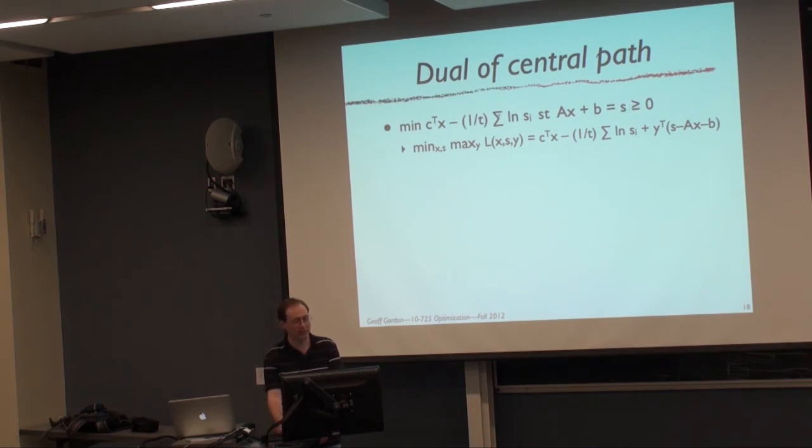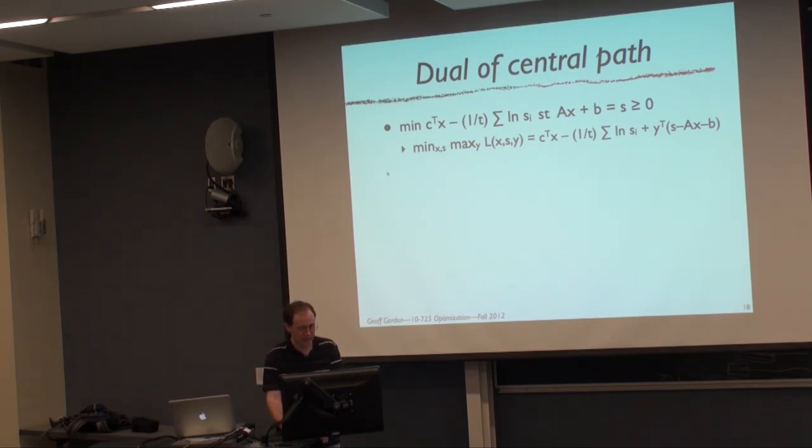And so the penalty is the sum of the negative logs of s, right? So if we add a Lagrange multiplier y for this constraint, we get y transpose times (s minus Ax minus b), right? And we add that to the objective. And we can then carry out the minimization with respect to x and s, and that gets us the dual.